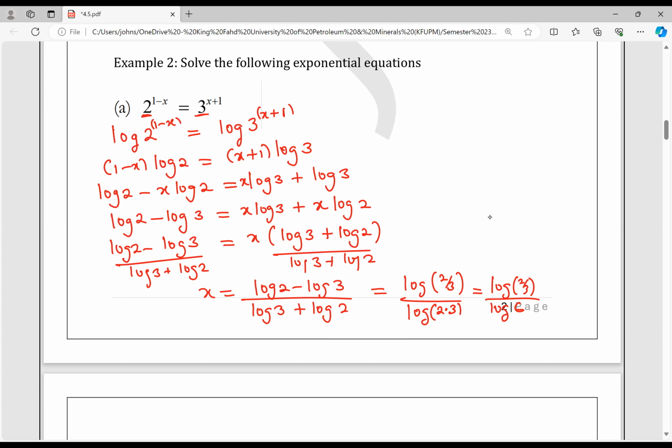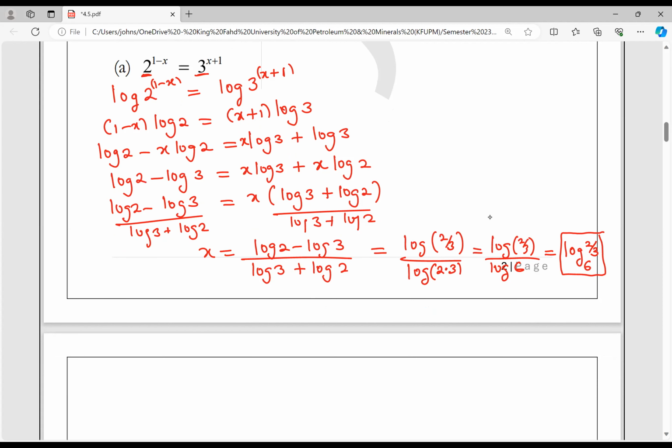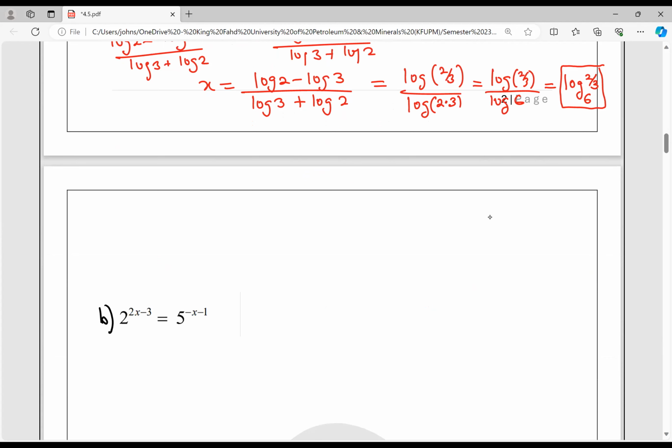And if you remember, this is base 10. So this is nothing but log base 6 of 2 over 3. So this is the final answer. This is just by change of base. This is base 10. Change everything back to base 6, and you will have this.